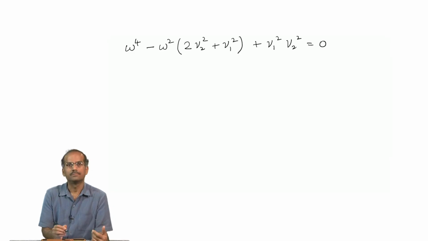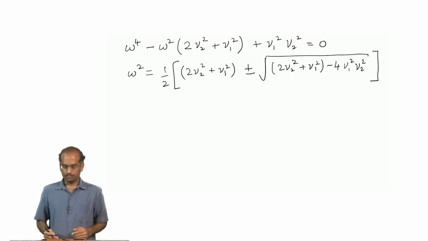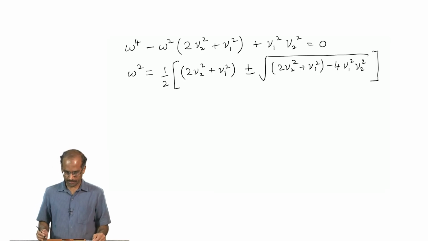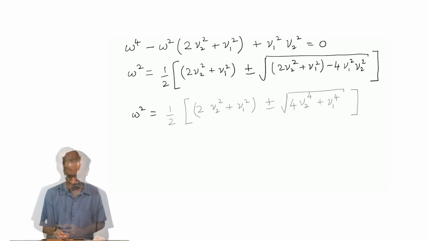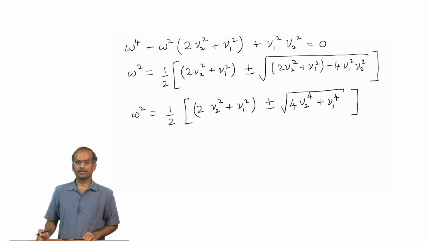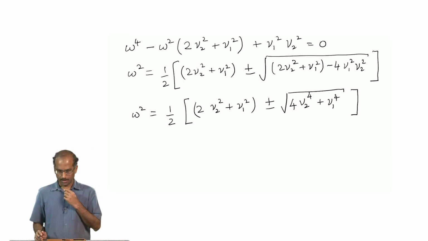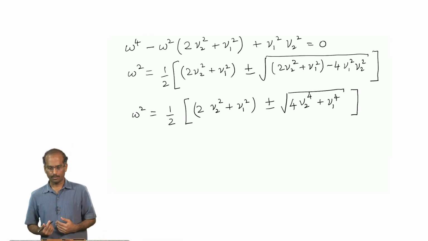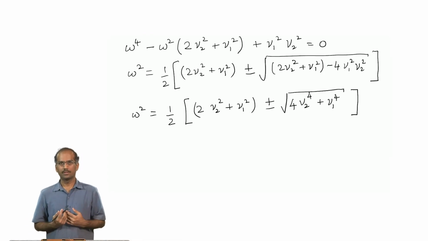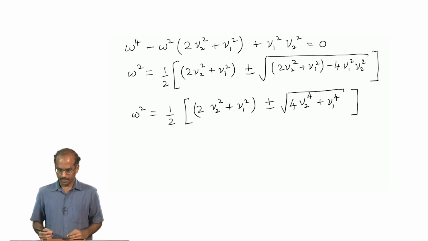The solution would be values of omega square, that is the one that I want. Now, all we need to do is to simplify this. I urge you to do it yourself, and if you do everything correctly, you should be able to get the following. So, here I have two possible frequencies. Omega 1 would correspond to the plus sign, and omega 2 would correspond to the negative sign.